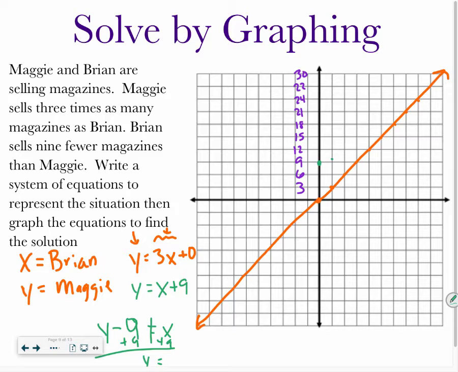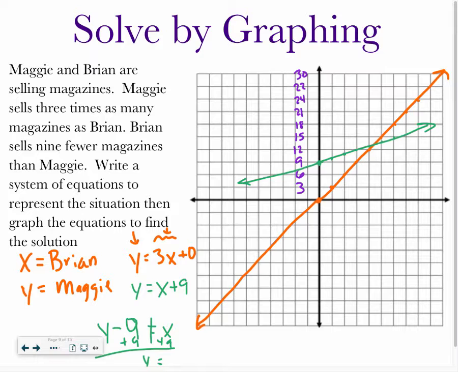That's going to be right about in there. Up 1 over 1, up 1. Oops, I'm going to adjust a little bit. So if we look, my graph should look something like that. Okay? So that is how you would solve that problem.